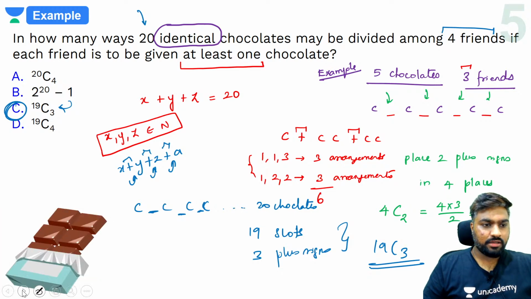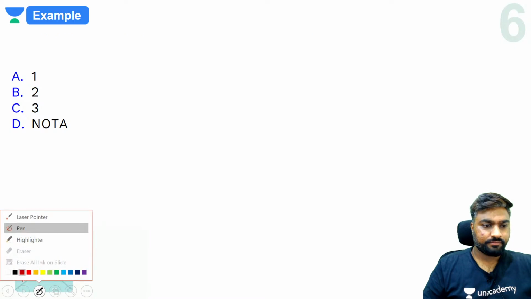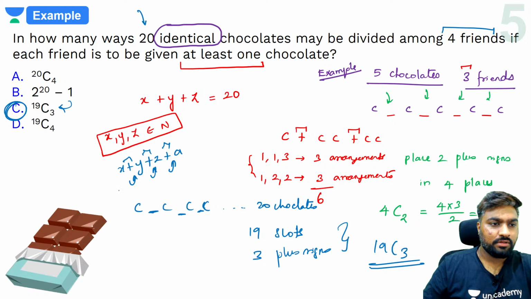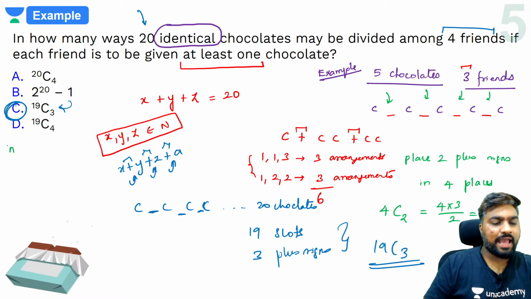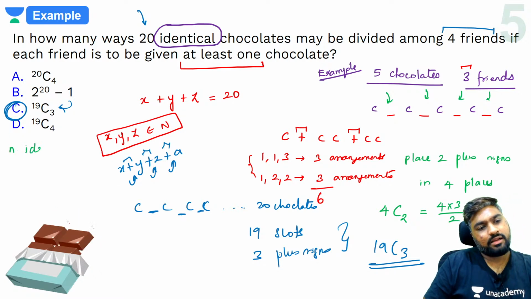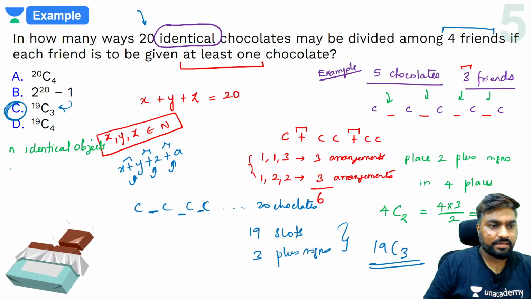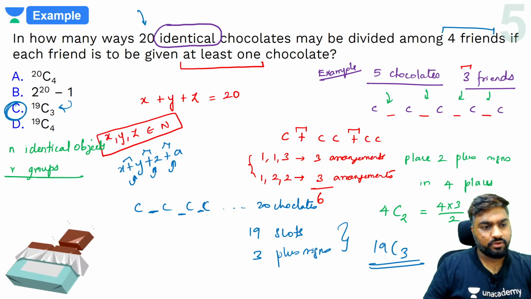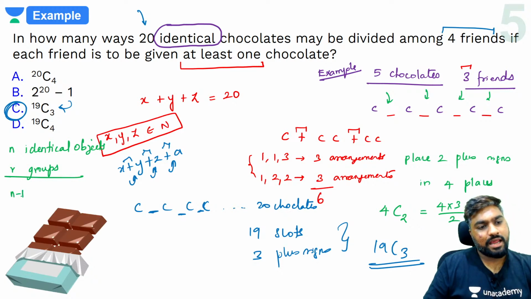So, in other words, if there are n identical objects which need to be segregated into r groups, then the total number of ways of doing this will be what? n minus 1 C r minus 1.